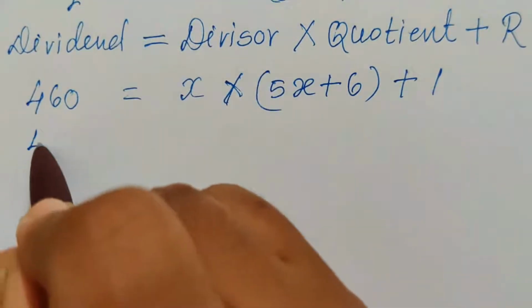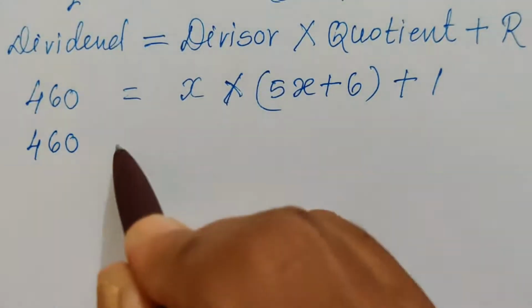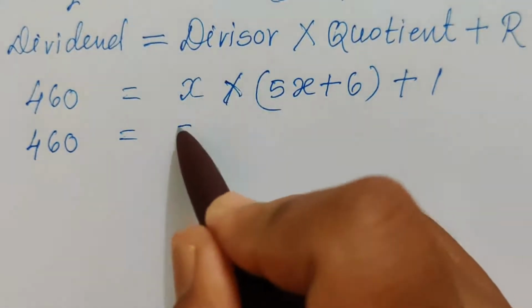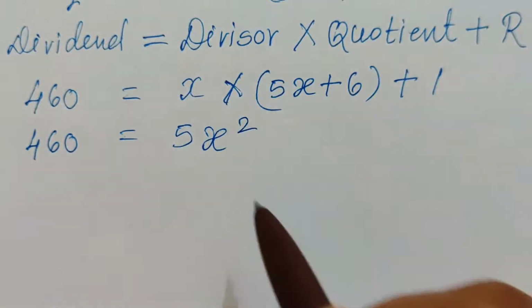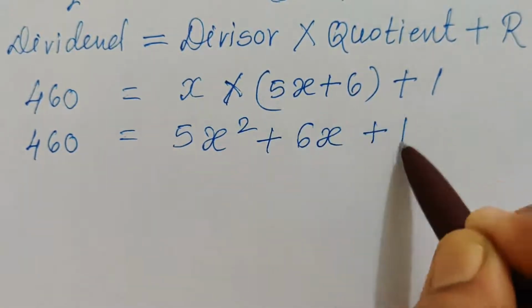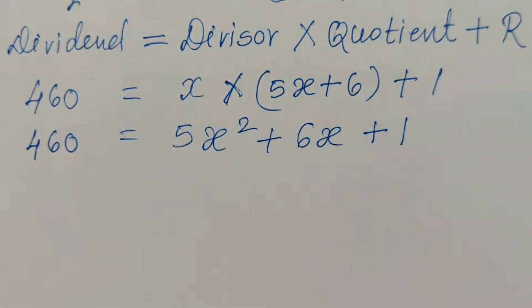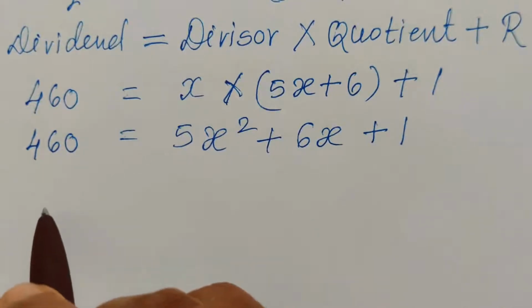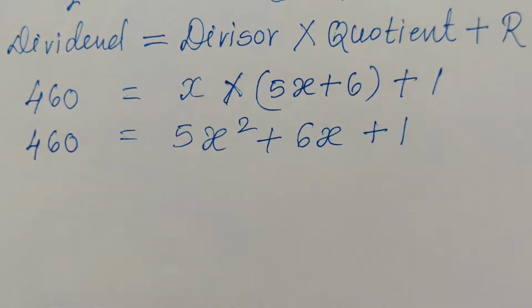So 460 equal to x multiplied by the bracket 5x square plus 6x plus 1. When you complete the calculation, we will just rearrange and try to write in the standard form of the quadratic equation.